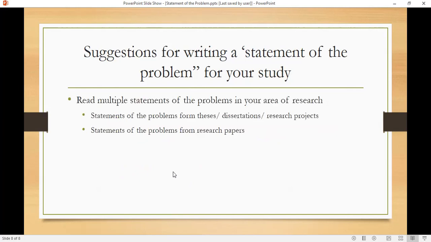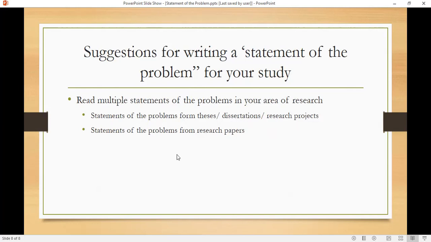The last one: before you actually start framing or finally writing your statement of the problem for your study, you must read multiple statements of the problem in your area of research. These can come from theses, dissertations, and research projects available in your university or institution library.